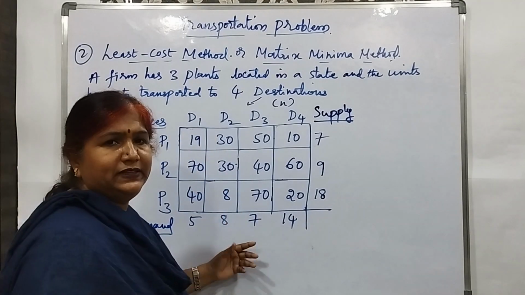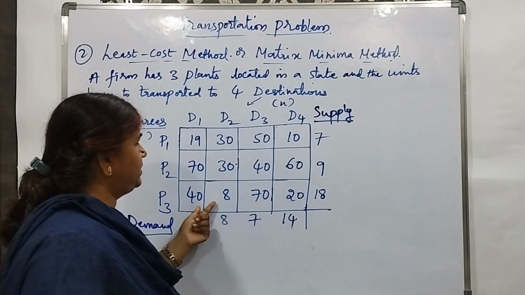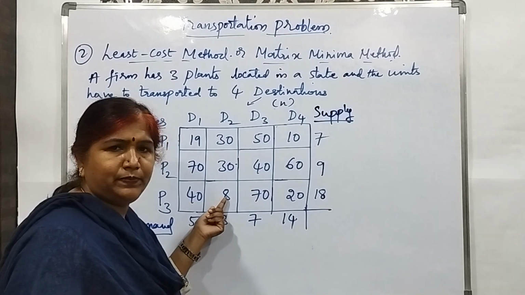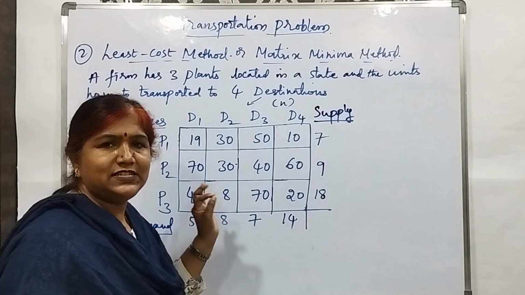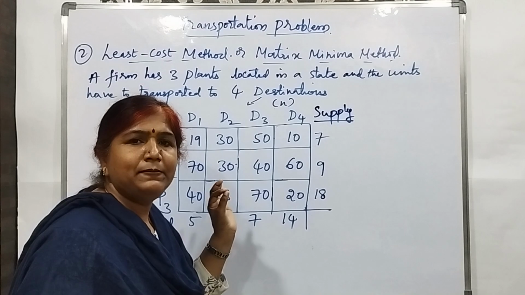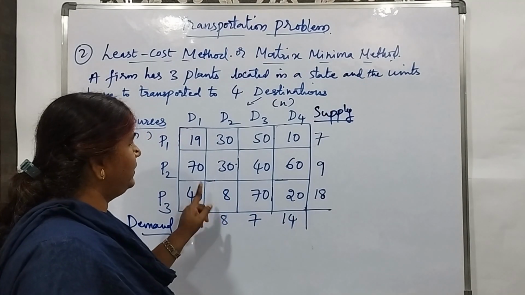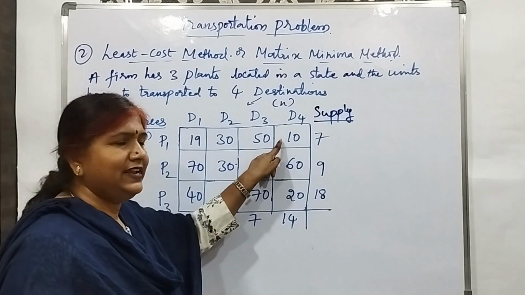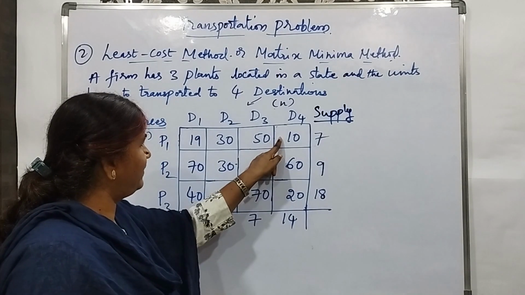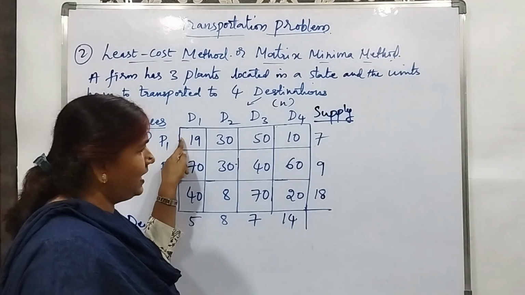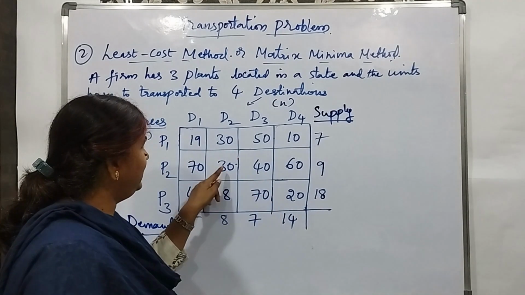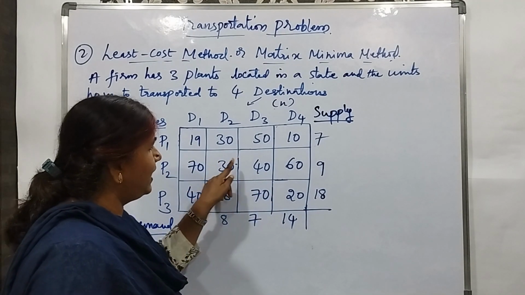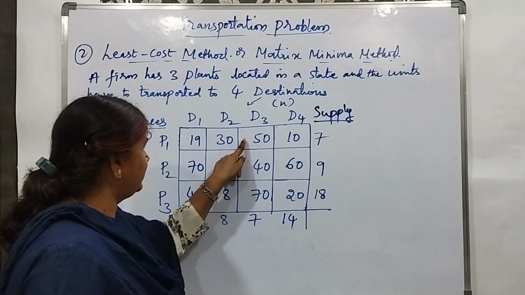So in the least cost method, out of all the transportation costs given in the problem, we have to pick out the cell which has the least cost. I could find that 8 is the least cost, then we move on to the next highest, 10, then 19, then 20, then 30, then 40, then 50.